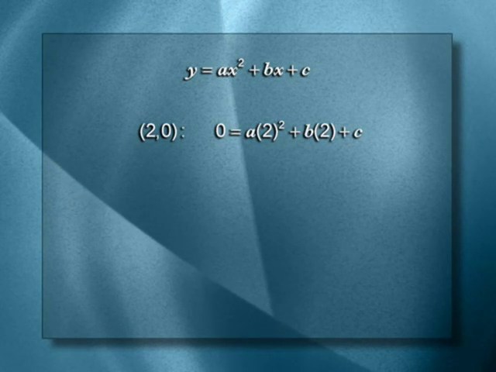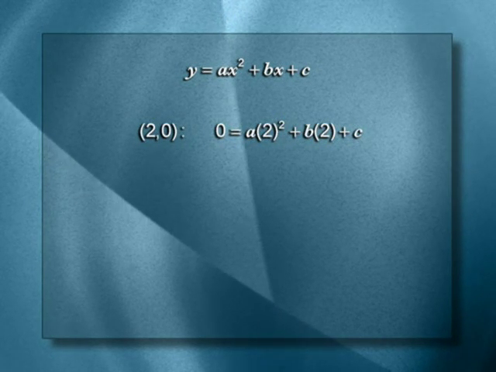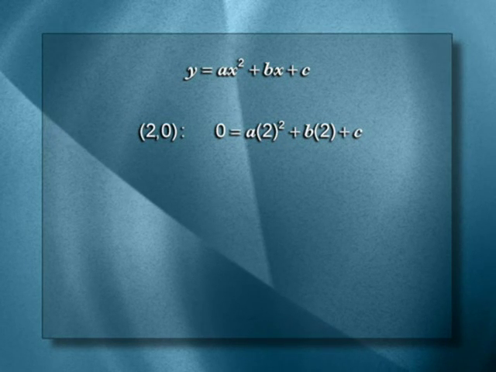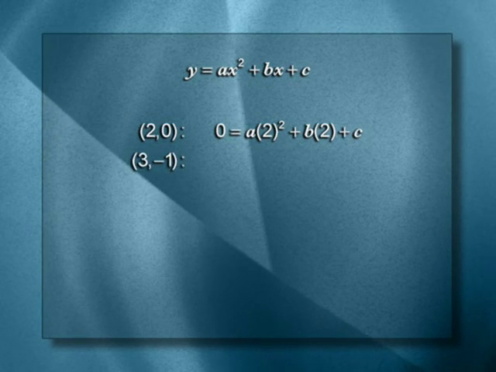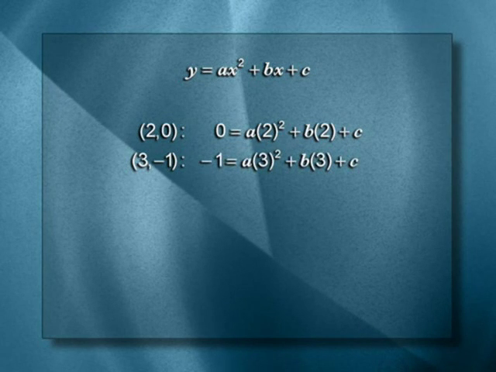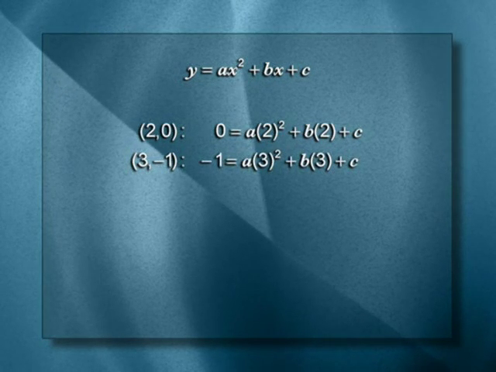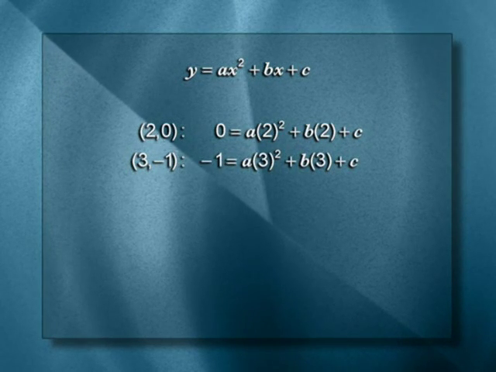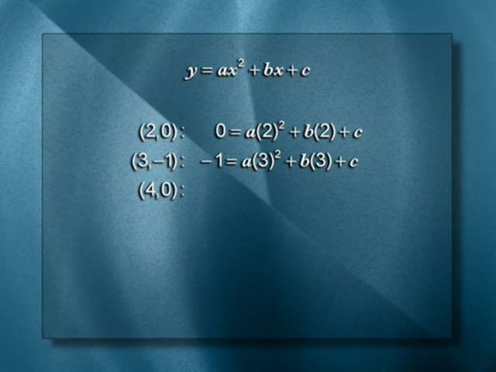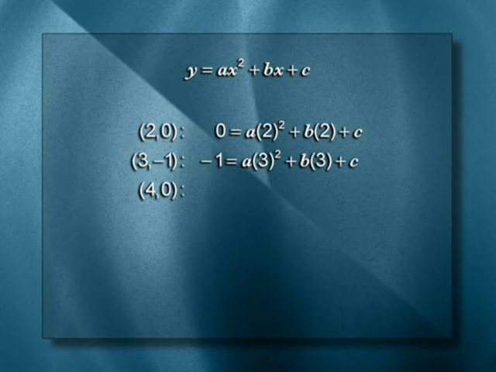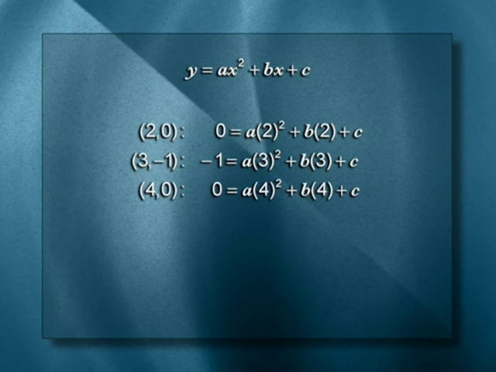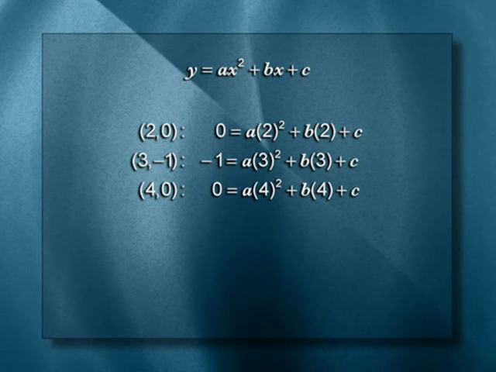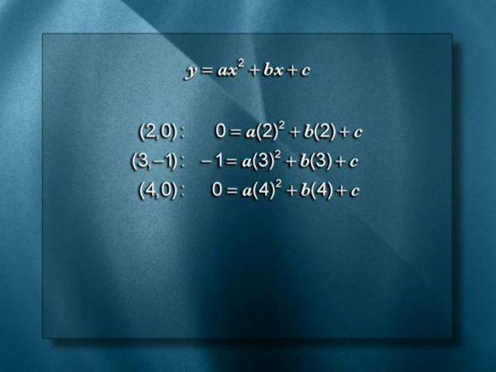I'm just saying (2, 0) satisfies the equation of the parabola. Well, then I plug in (3, -1), and that yields a new equation. -1 equals a times 3 squared plus b times 3 plus c, and plug in (4, 0), and you get the third equation. 0 equals a times 4 squared plus b times 4 plus c.